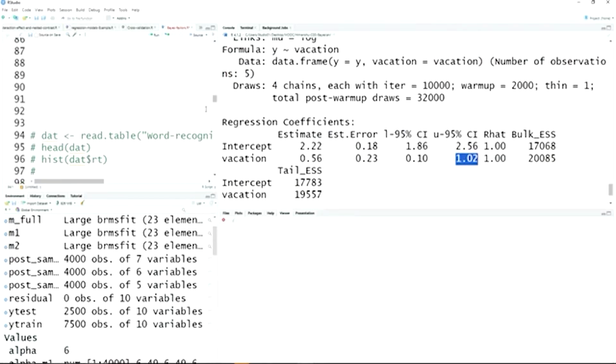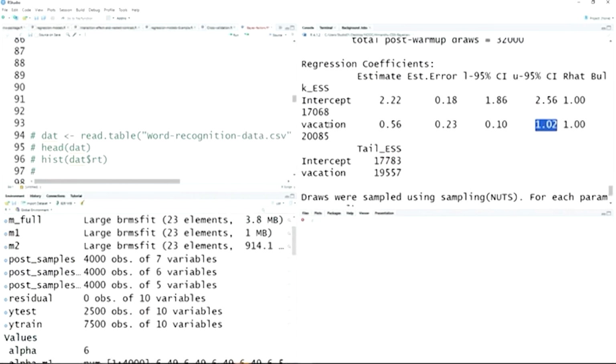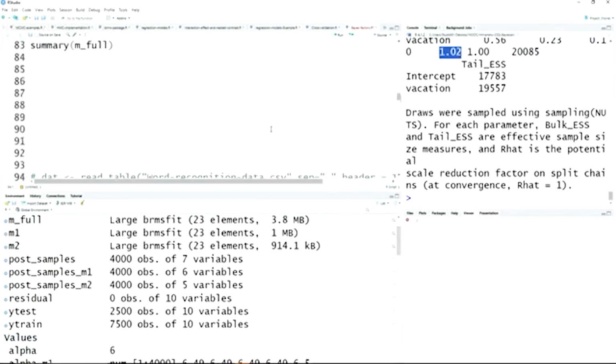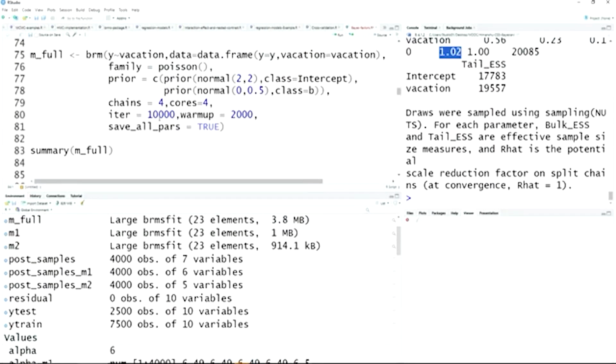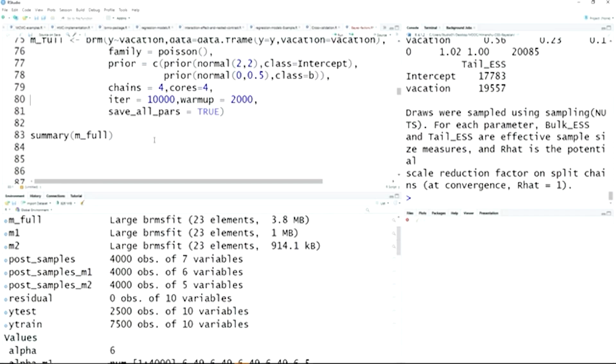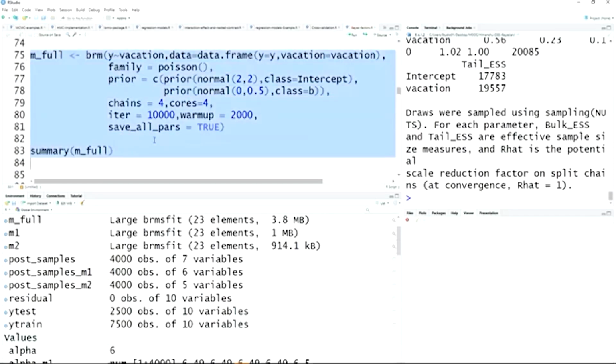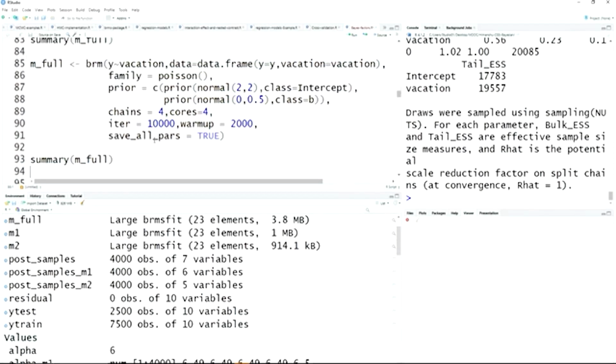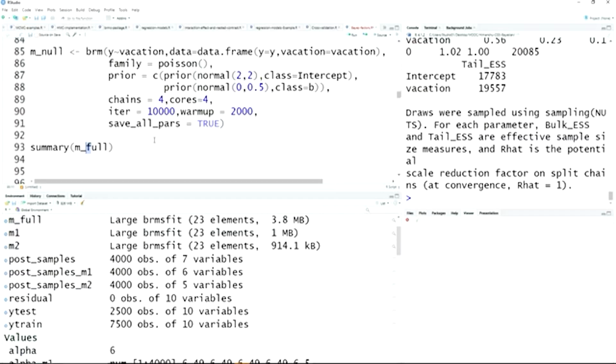The 95% credible interval is consistent with the prediction of our hypothesis. But let us check it using the Bayes factor, because without the Bayes factor we cannot claim that there is evidence for this hypothesis. So we will fit the null model now.